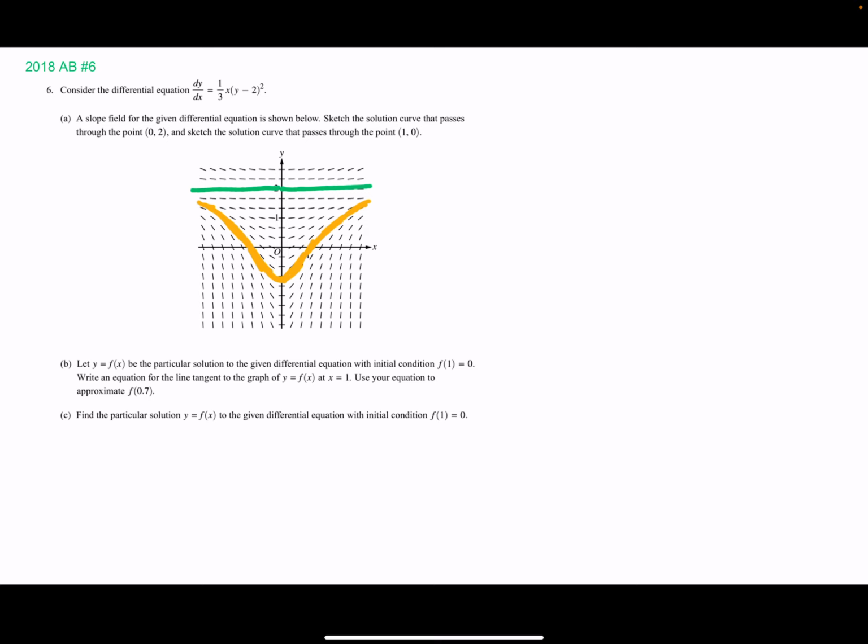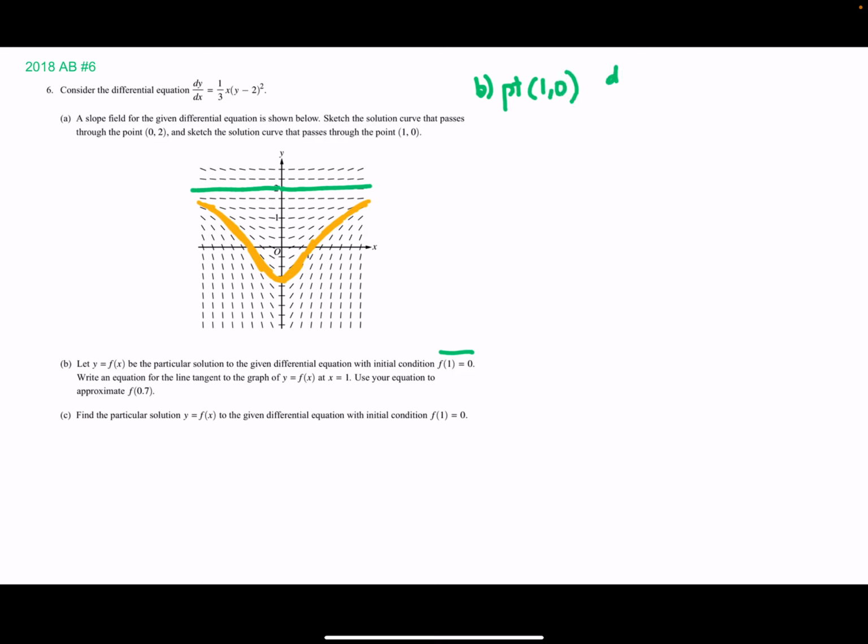Part B asks us to write an equation for a tangent line. There are two things I need to write the equation of a tangent line. The first thing I need is a point, so I'm given the point (1, 0). The second thing I need is my slope.